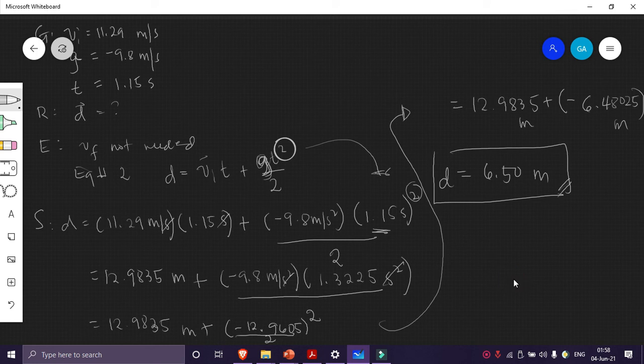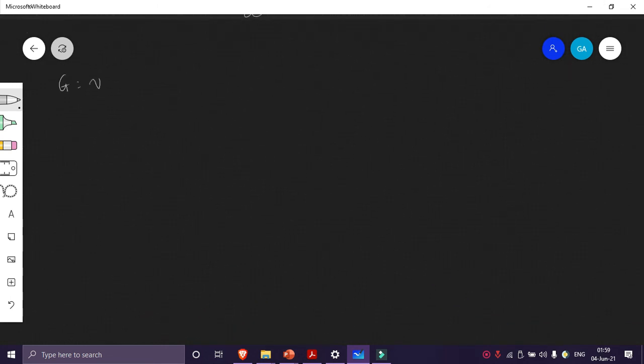Gagamitin natin yung ating final velocity dahil naman after 1.15 seconds, ang bola is nag-stop. Diba? So, we can say that the final velocity here is 0. So, solve natin yan. Vi is equal to 11.29 meters per second.